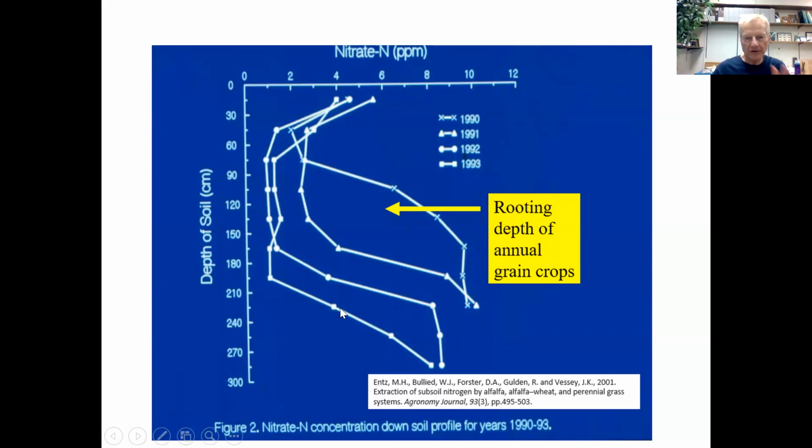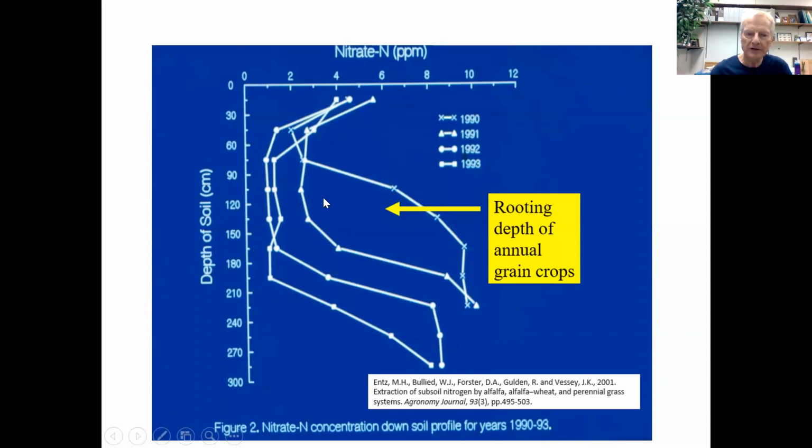And so it was a great opportunity to find out how long it would take alfalfa to go get that nitrogen. And you might be thinking, how is this possible? Alfalfa is a legume, so how can it take up nitrogen if it fixes its own nitrogen? Well, plants are going to use the most readily available nitrogen source. And if nitrogen is in the soil, the alfalfa is going to use it. Doesn't mean it's not going to fix, but it's going to use that nitrogen.